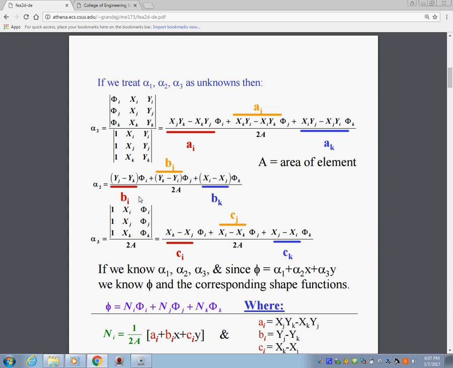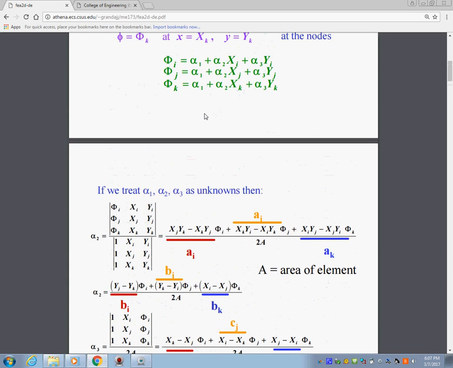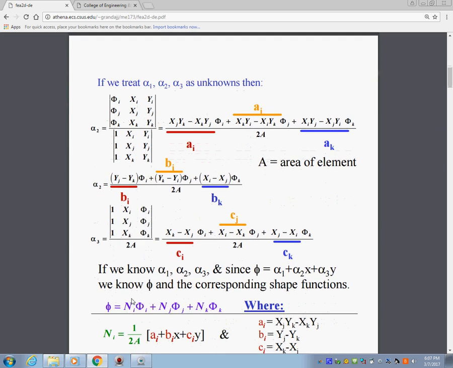That's why you see it over here. Then you have a 1 and an x of i and an x of j. And you do this. So for alpha 1, alpha 2, and alpha 3 is what we have in here.